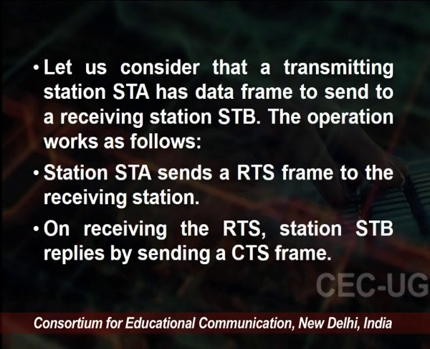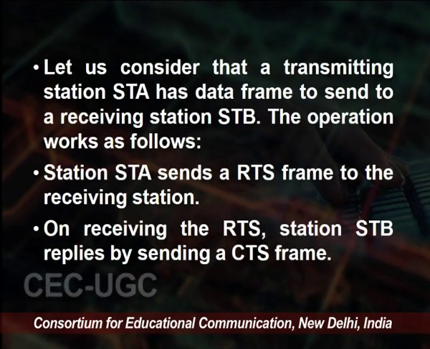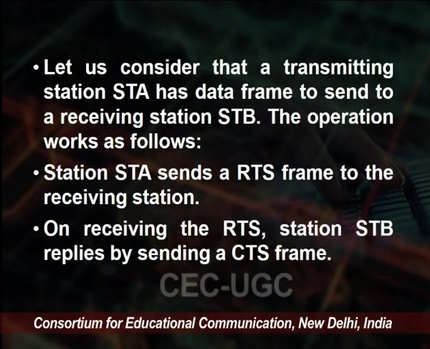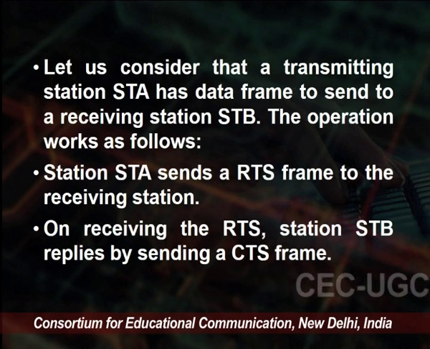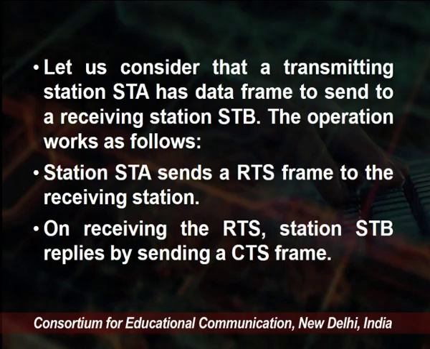So, let us say that there is a transmitting station which has a data frame to send to a receiving station. The transmitting station is A and the receiving one, let us name it B. So, A sends an RTS frame to B. On receiving the RTS, if station B is in a situation to accept the frame, it replies by sending a CTS frame.